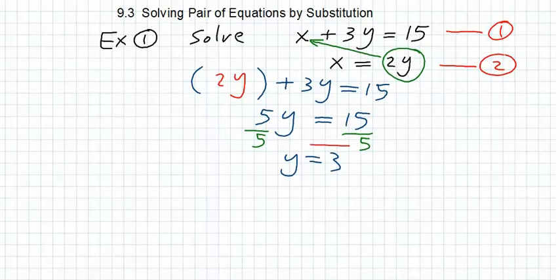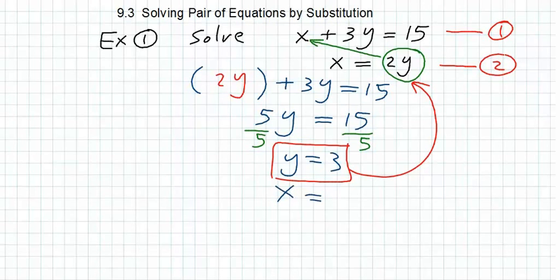From this point, you can use the value of y to substitute it again in the second equation to find the value of x. So x equals 2y, but instead of y, we will write the value of y which we found, which is 3.